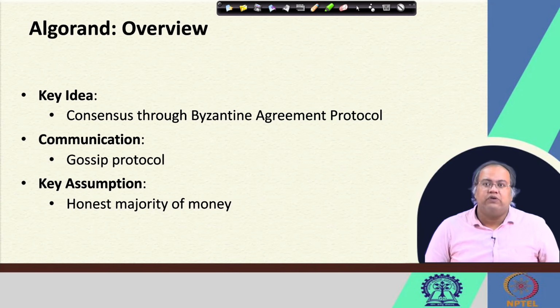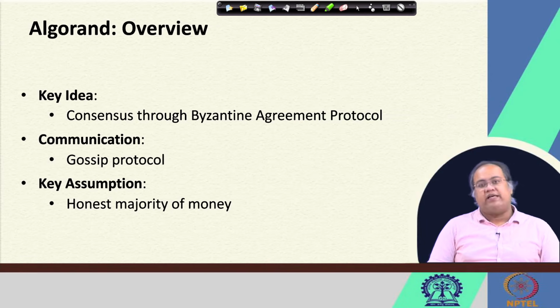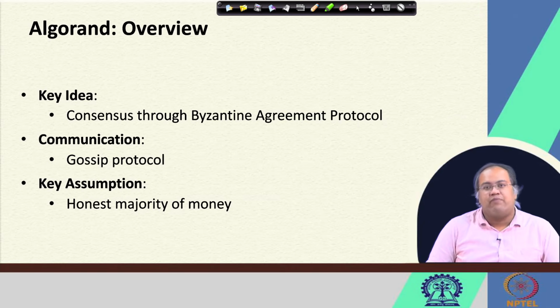So, if I just try to look at the overview of Algorand, the key idea is that it achieves consensus through a Byzantine agreement protocol. And the moment it achieves consensus through a Byzantine agreement protocol, you know that transaction scalability is not going to be a problem. You can support a large number of transactions because Byzantine agreement works really well in terms of scaling up with the workload of the system.